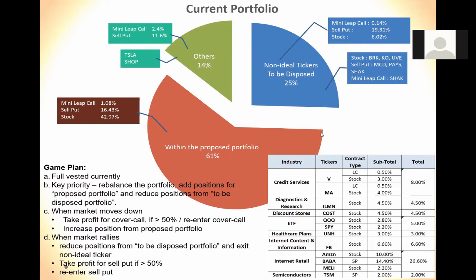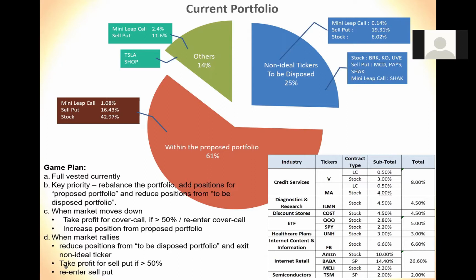If you look at the table, a big portion of it relates to technology companies. I would say a big portion comes from internet retail.